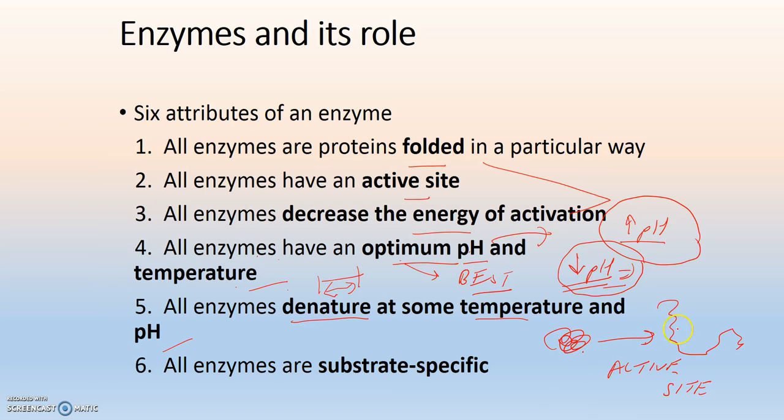Folded shape, it has a shape and therefore it has an active site. When it unfolds, it loses its shape and loses its active site. Therefore, no substrate can bind, and if substrate cannot bind, you cannot get the complex and enzymes will not work. So denature means it will lose its function. Okay? It cannot work now.